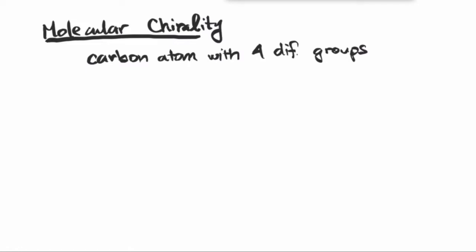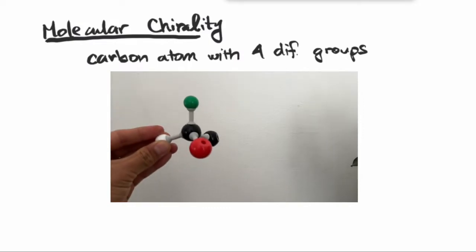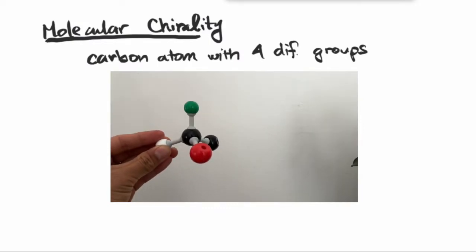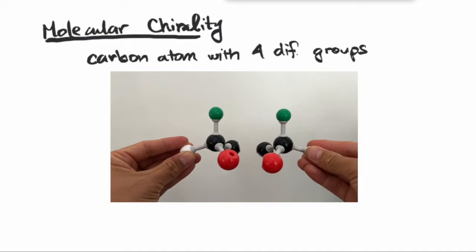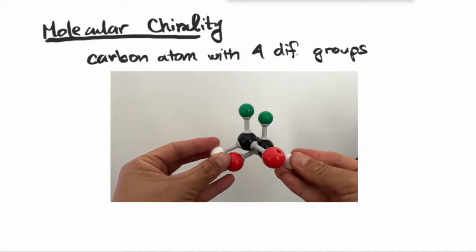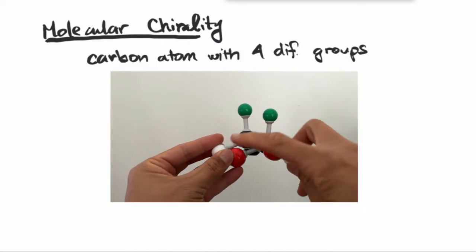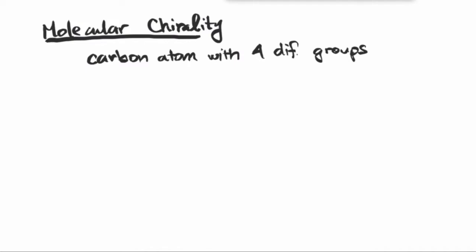Here is a simple example where I build a molecule with a tetrahedral carbon. And there are 4 different groups attached to this carbon. And then I also build its mirror image. Notice that there's no way that I can merge these 2 molecules together where one disappears into the other. And so because of this, carbons with 4 different groups are chiral, and these carbons are called chirality centers.